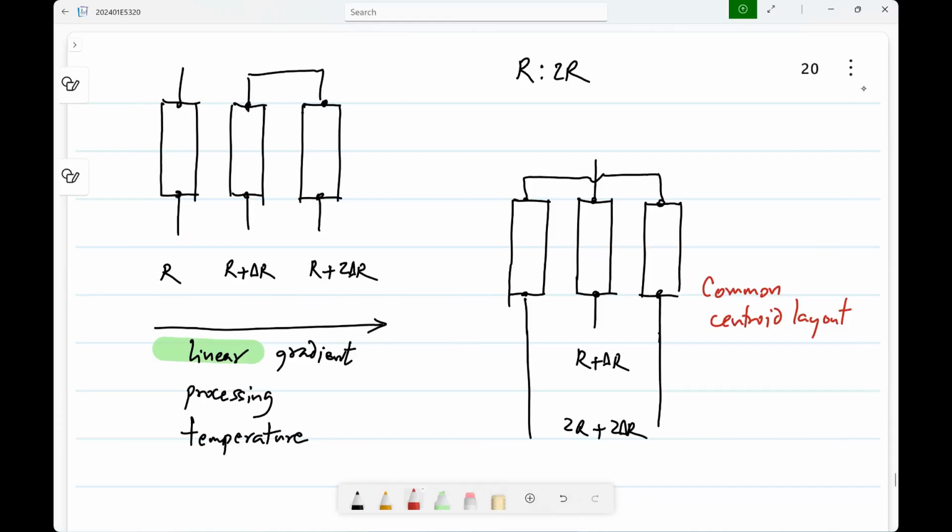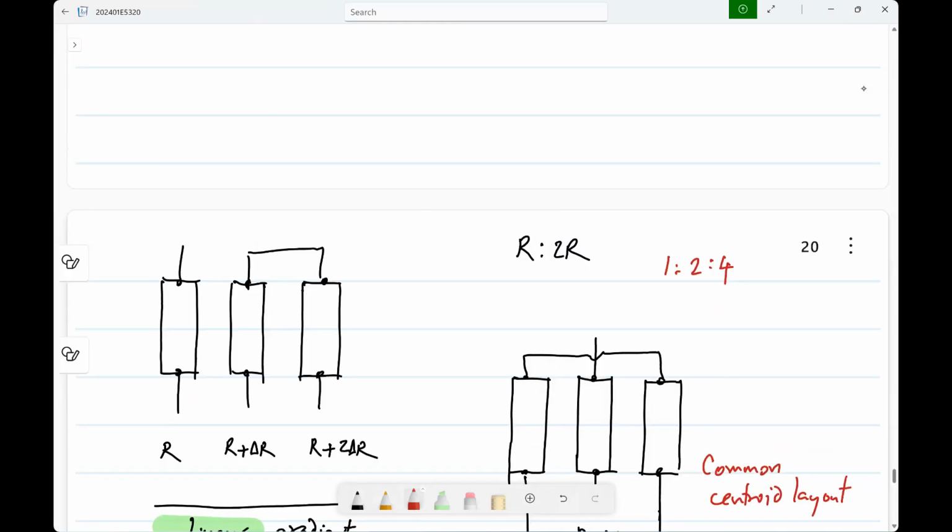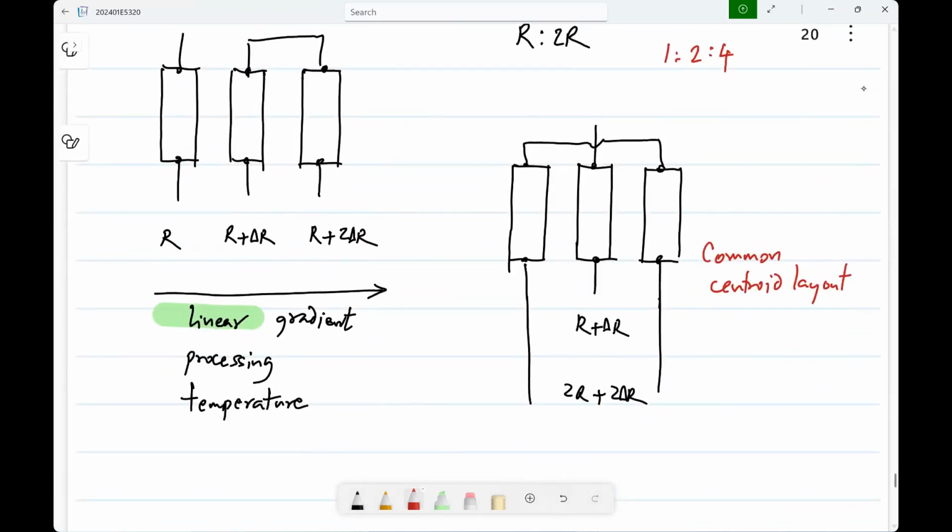So for instance, if you wanted elements 1, 2, and 4 in ratio 1 to 4, what would you have to do? The principle is exactly the same.